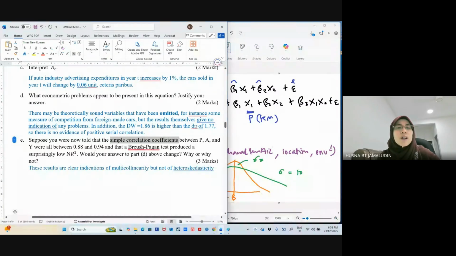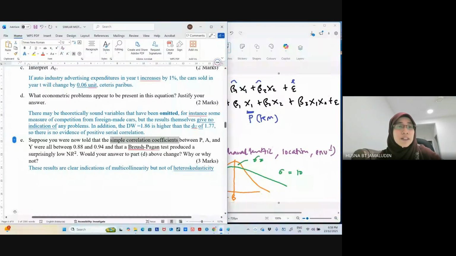Oh no, sorry. Simple correlation coefficient is to test the multicollinearity, not serial correlation. Serial correlation is the Durbin-Watson, and one more thing, I forgot what is another thing for serial correlation. But simple correlation is actually your multicollinearity. Okay, let me rephrase. Simple correlation coefficient is to test your multicollinearity.